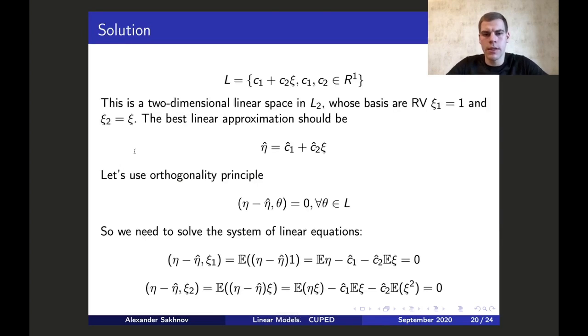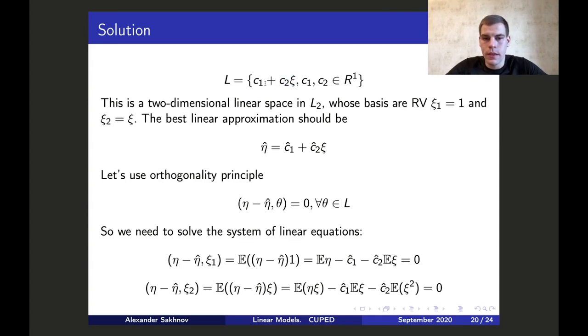But let's make our task slightly more interesting and add to the basis a constant random variable equal to 1, and we will find the best linear approximation of a vector eta on the subspace that is generated by two vectors. The first is xi and the second is 1.